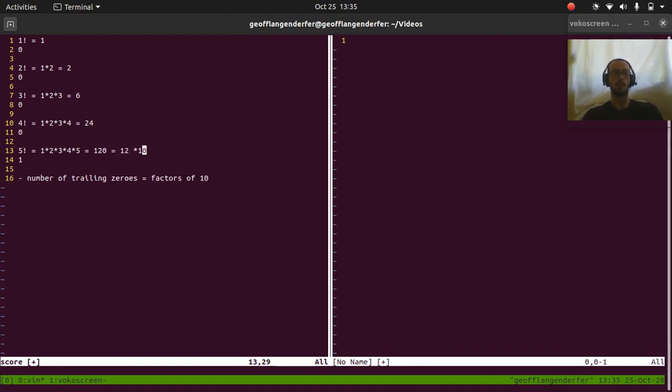So it has 1 factor of 10 and also 1 trailing 0. So the number of trailing zeros is equal to the factors of 10. But also 10 equals 2 times 5. So everywhere we have a 2 and 5 combo, we're going to get a trailing 0.